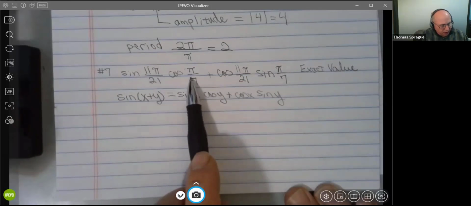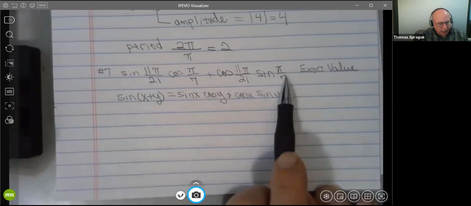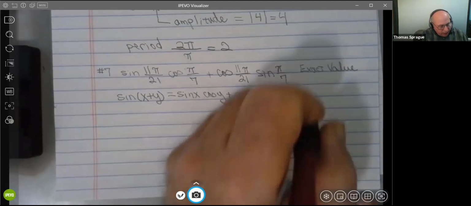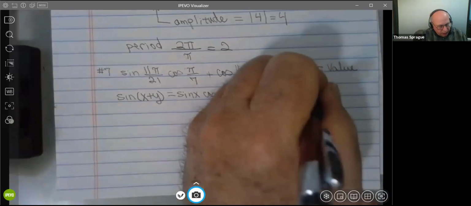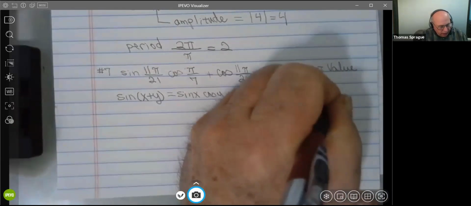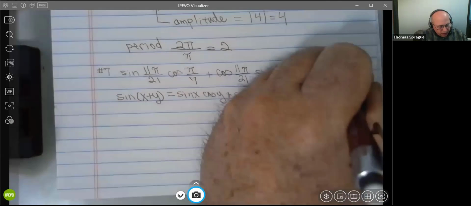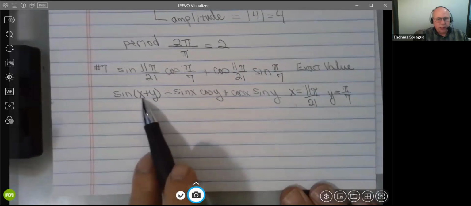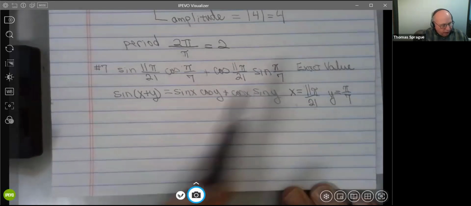And then this pair of angles, 11 pi over 21 and pi over 7, stay the same on these two pairs. So that means if I set x to be 11 pi over 21, and I set y equal to pi over 7, then those are the x and the y in this left and right hand side, and that generates this right hand side.